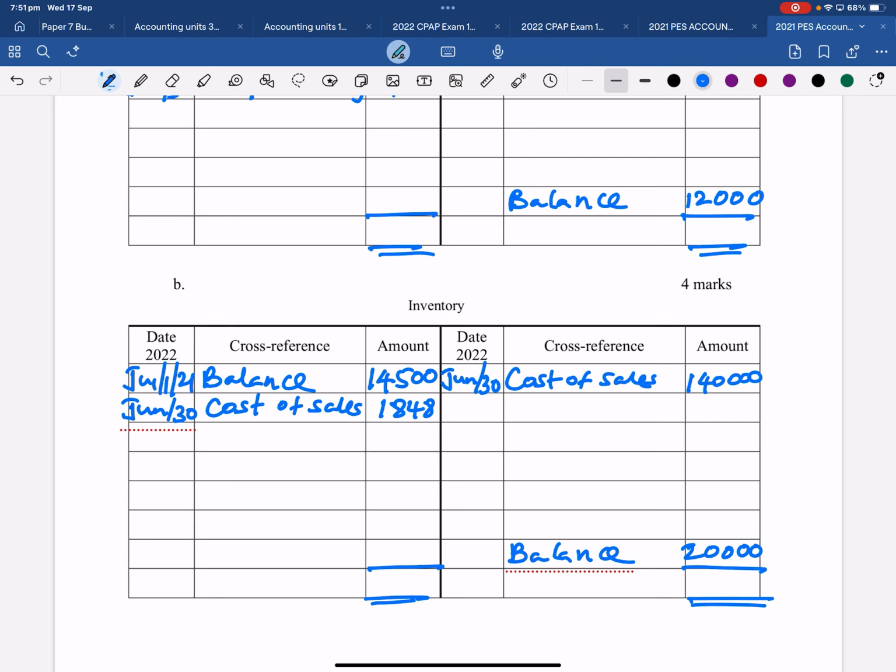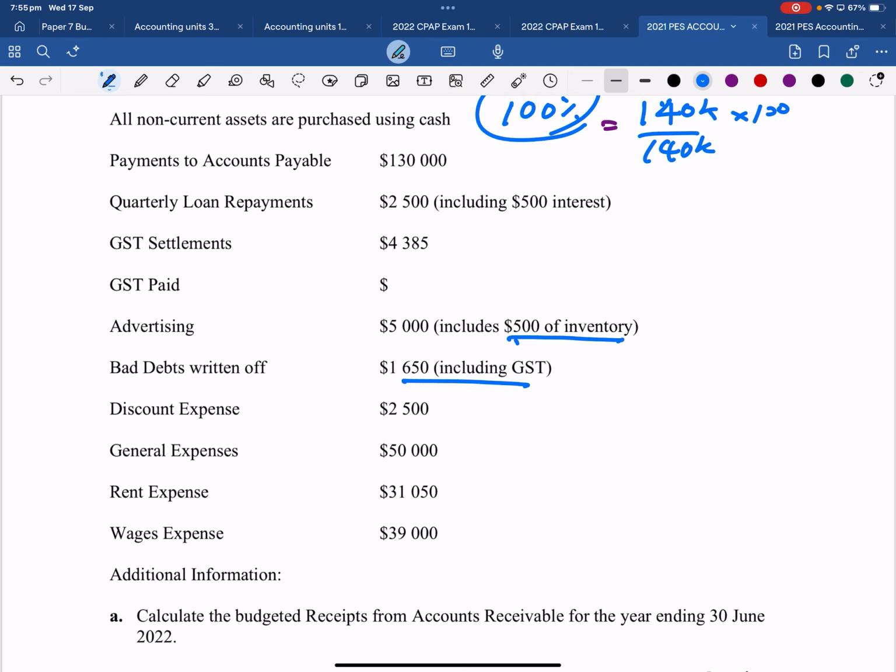Okay, next one. Bad debts written off 1650 including GST. What's the double entry? Accounts receivable credit. What do you debit? You agree with that, Satam? You credit the accounts receivable with the bad debt written off. Yeah, so correct. Why? Because accounts receivable decreases. Always think what happened to the item. Increase, decrease. That's it.